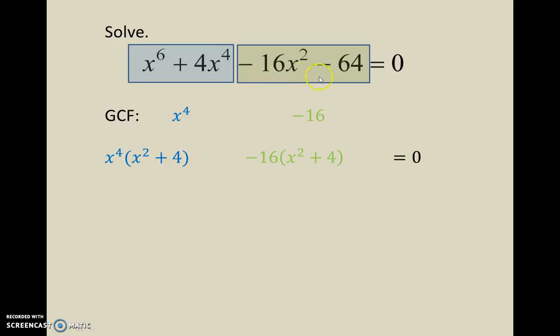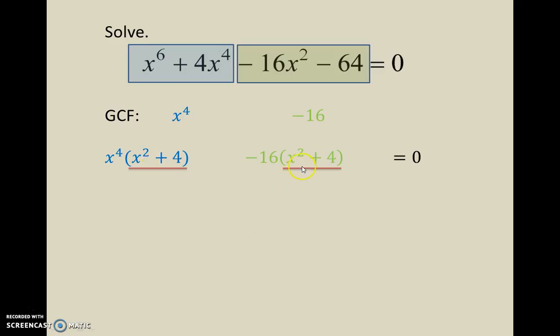Over here, when I divide negative 16x squared by negative 16, I'm going to get x squared. And when I divide negative 64 by negative 16, I'm going to get a positive 4. So when I've factored out the negative 16, I'm left with x squared plus 4. In fact, I have x squared plus 4 as the binomial that is left in both of these sets when I have factored out the GCF.